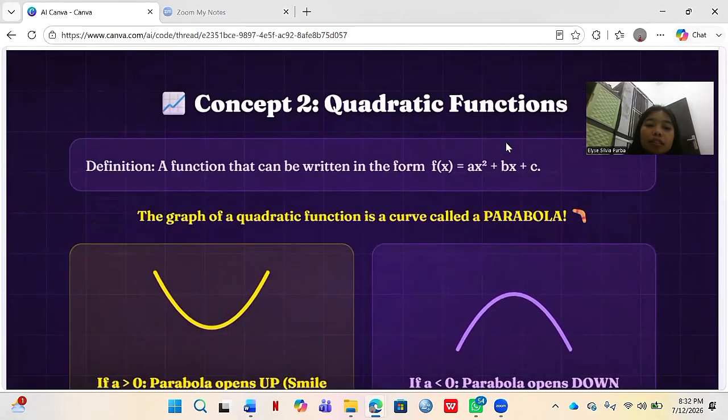Now let's connect this to a function. What is a quadratic function? A quadratic function is a function written as f of x equals ax squared plus bx plus c.